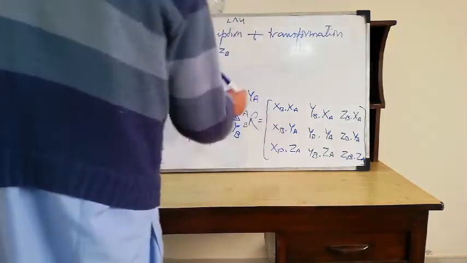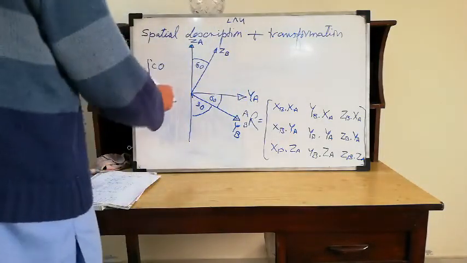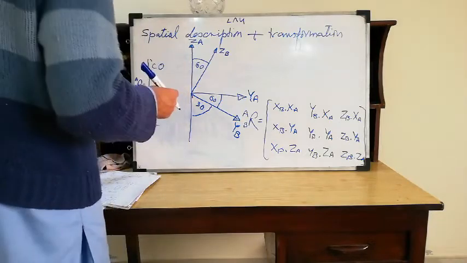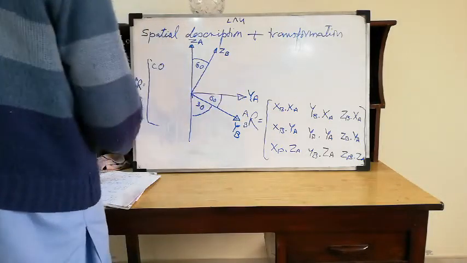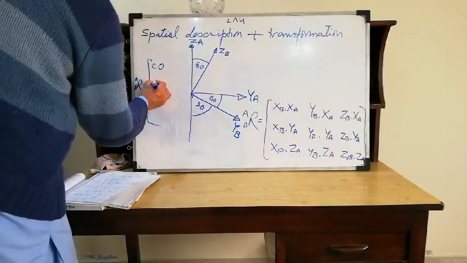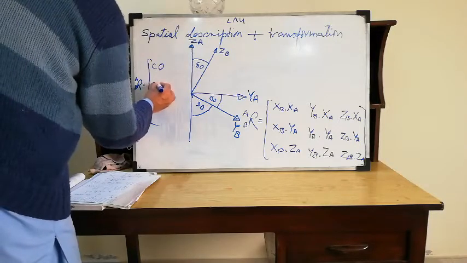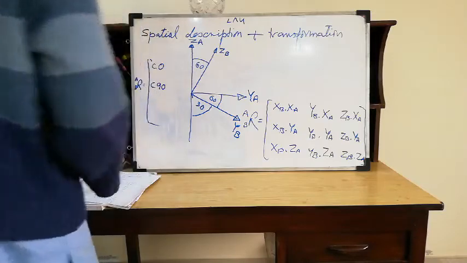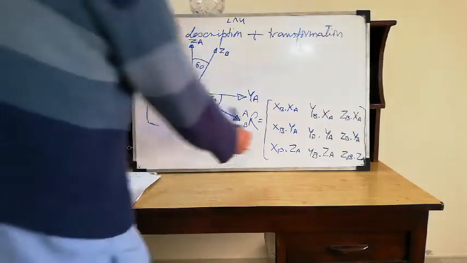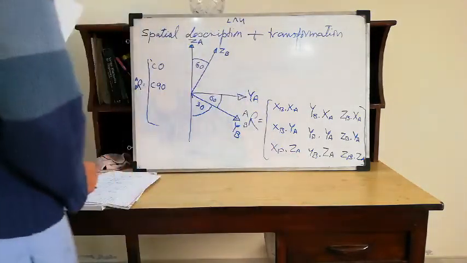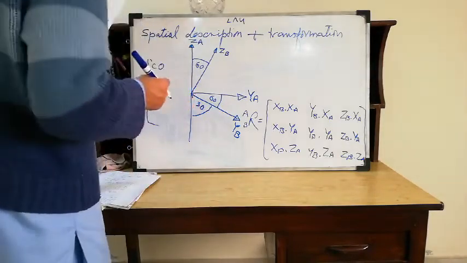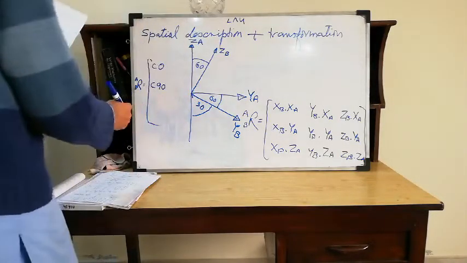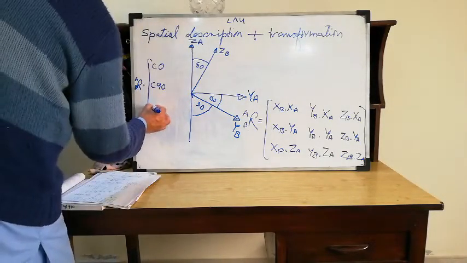XB dot YA, cos of 90. XB dot ZA, cos of 90.